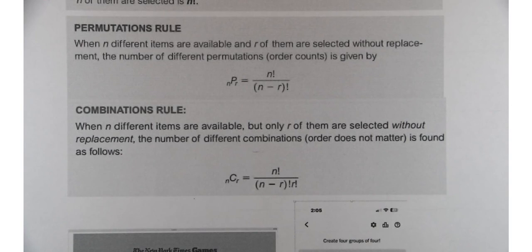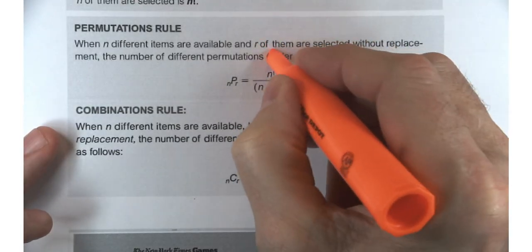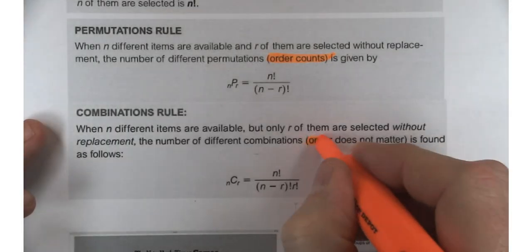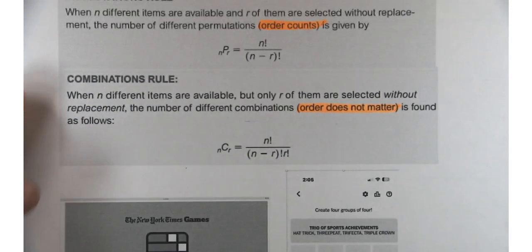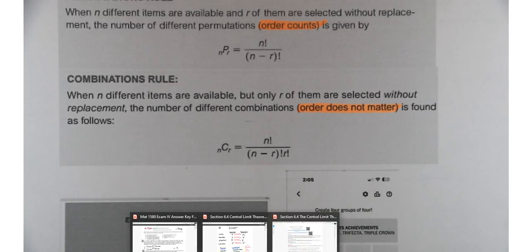Permutations. So order counts. When you're dealing with permutations, order matters. Combinations, order does not matter. All right, so where does order matter? Well, let's take a look at a couple examples, see where order matters and where order doesn't matter.